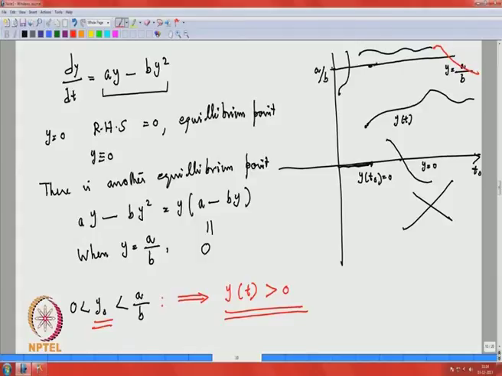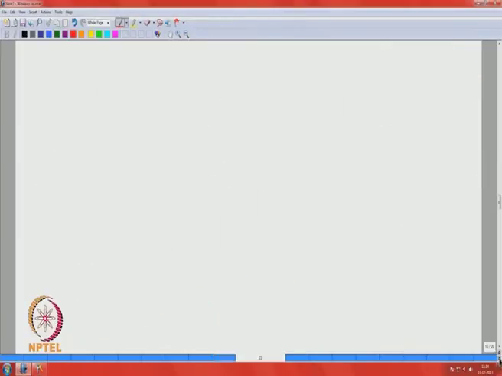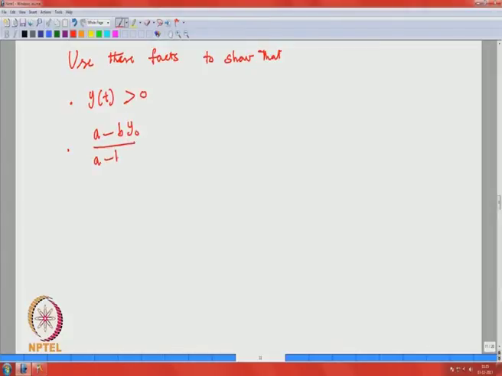So what I want you to prove eventually is, using these facts I have explained, that y t is always positive, one thing. The second part is more important: a minus b y naught by a minus b y is also positive. This is an important thing I want you to prove.